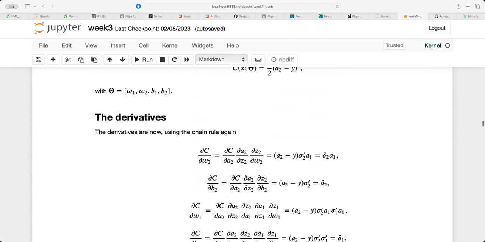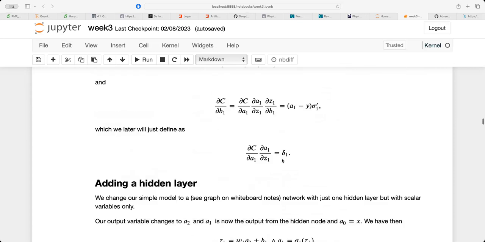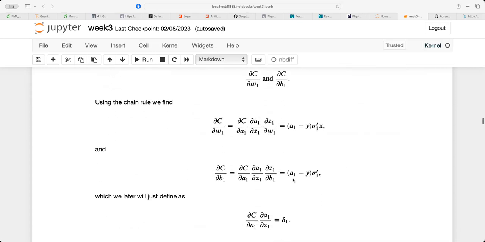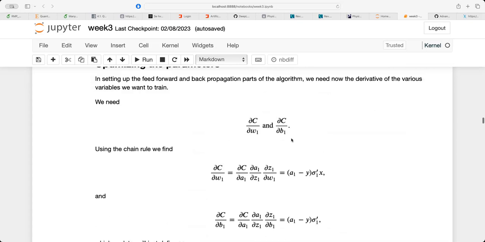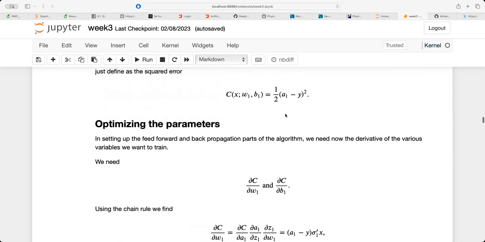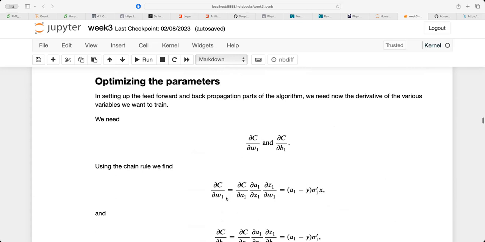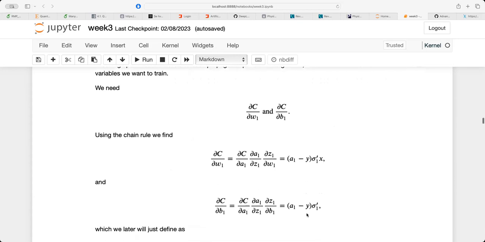We end up with the function A1 here. And then with that one, we take the derivative of this quantity. And then since we want the gradients for the different weights and biases, we end up with these equations here.